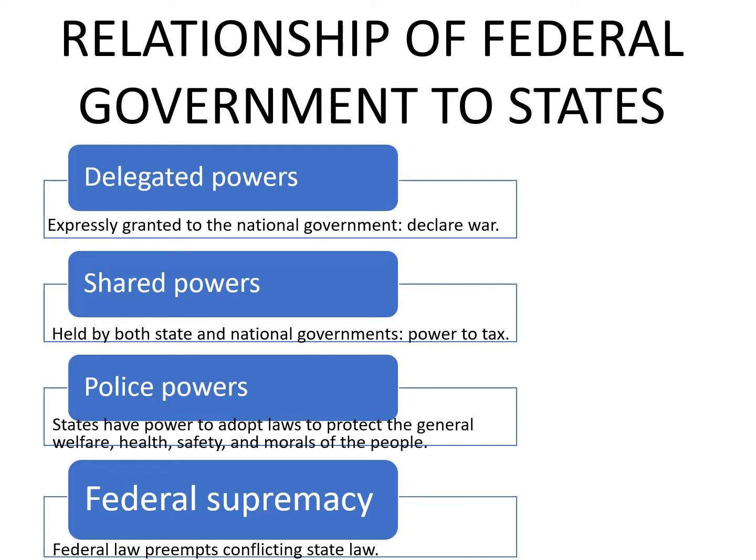This has its roots in the fact that in our country, the states originally had all of the governing power. Then they came together and decided to delegate some powers to a national government. So they gave up some power to create this new entity, the federal government. And that is why states believe and hold that whatever we haven't actually expressly given to the federal government in the Constitution, we reserve and still have the authority to do.